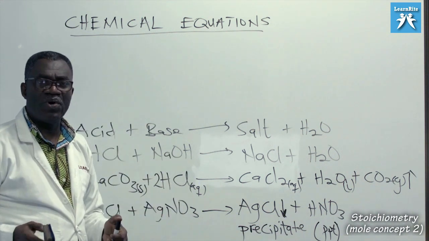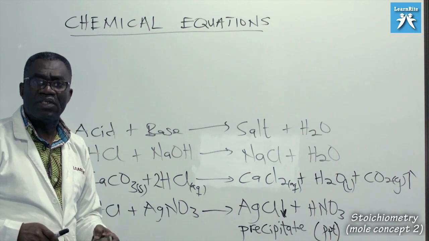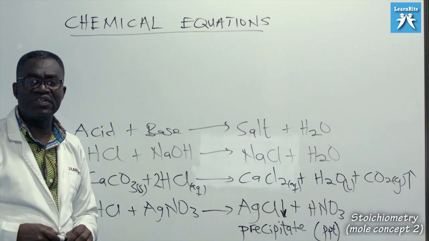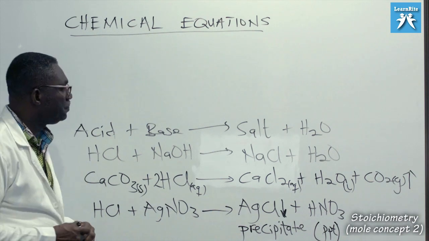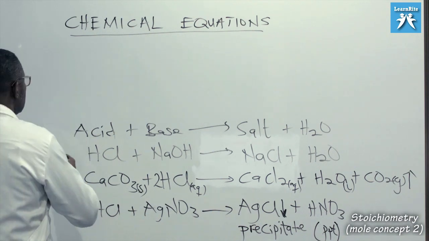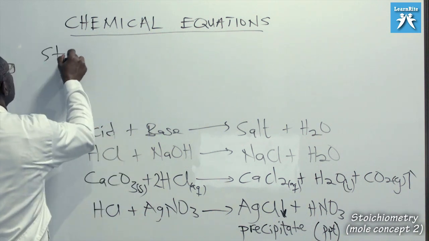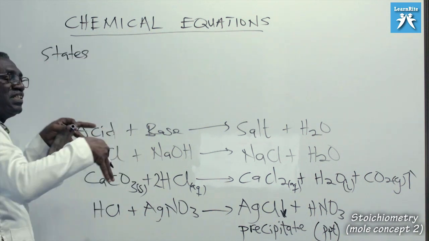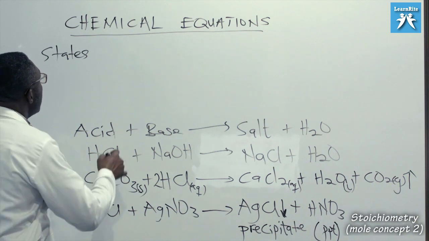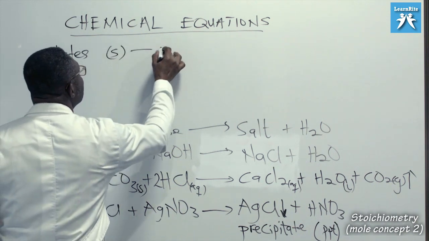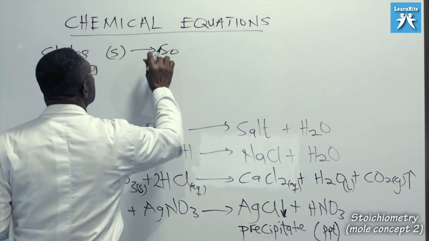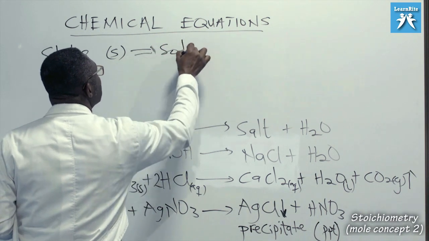Before I wrap up on this, let's see some symbols that we use in chemical equations and their meaning. For the states of the substances, we have S in brackets representing solid.